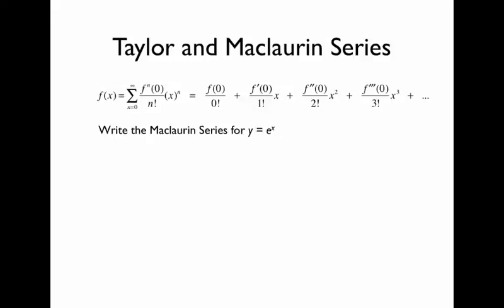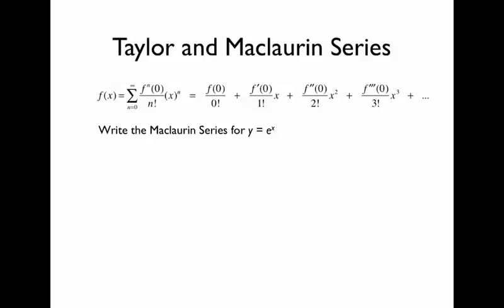So what does that entail? That entails all the derivatives of e to the x. What are the derivatives of e to the x? Times x prime, which is 1. So all the derivatives are e to the x, but for a Maclaurin series we need the derivatives evaluated at 0.